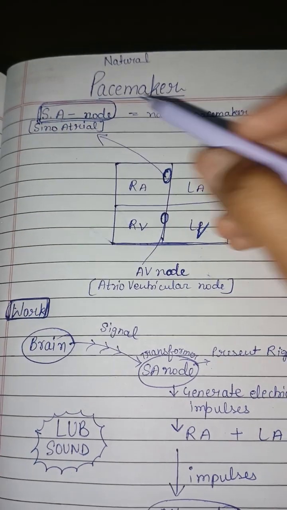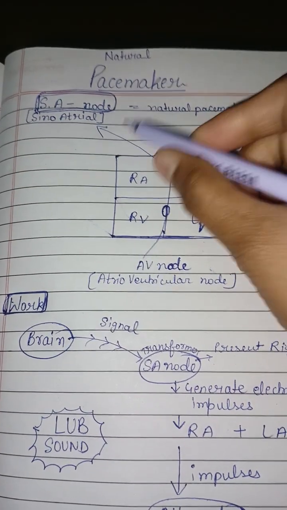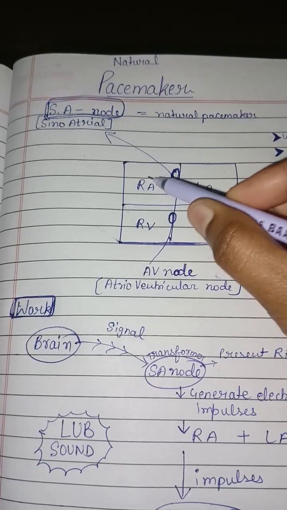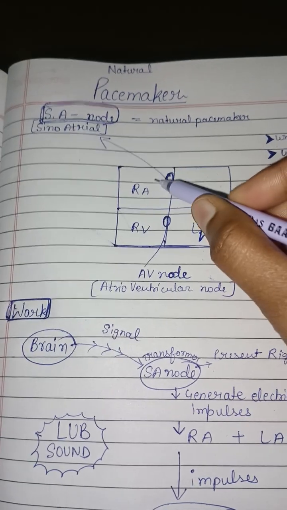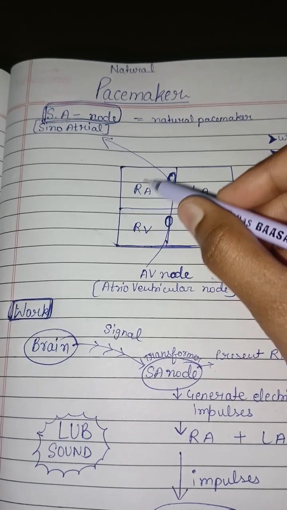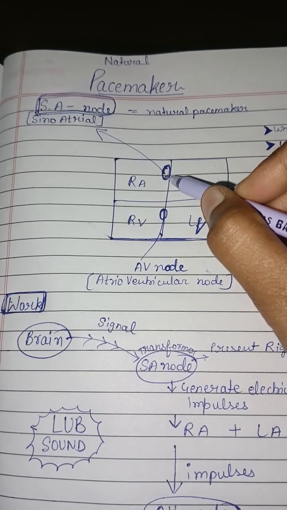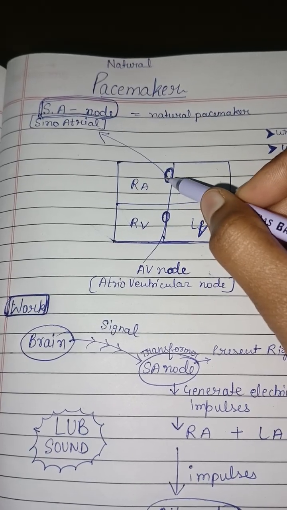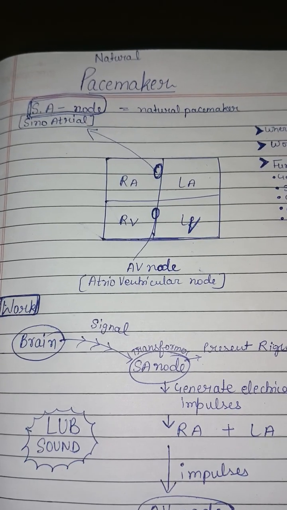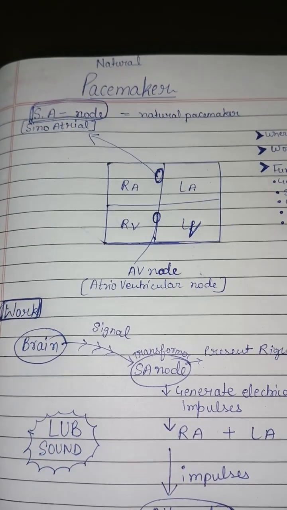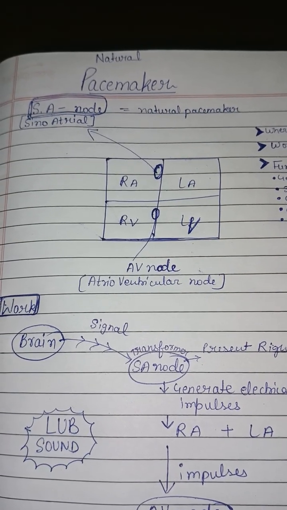So now let's talk about what this SA node is and what its work is. This SA node is present in the upper atrial chamber on the right side. If it is not there, then there is no generation of any heartbeat, and the heart will not pump any blood to any parts of our body.